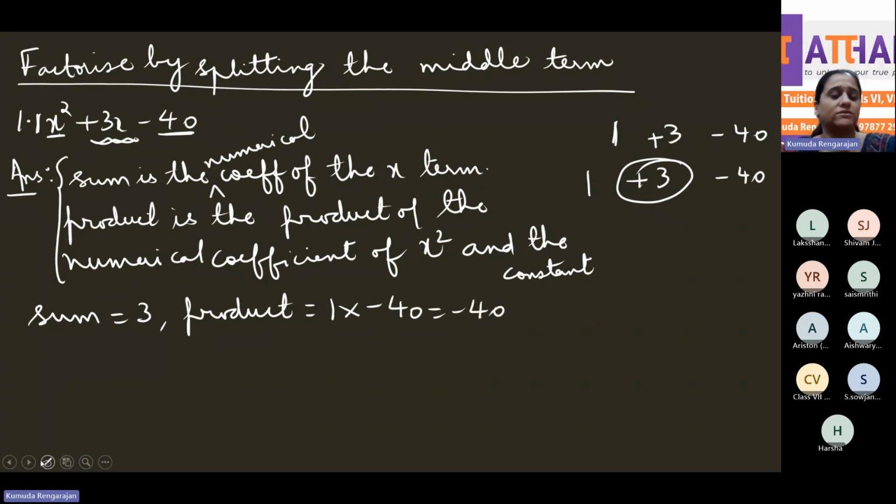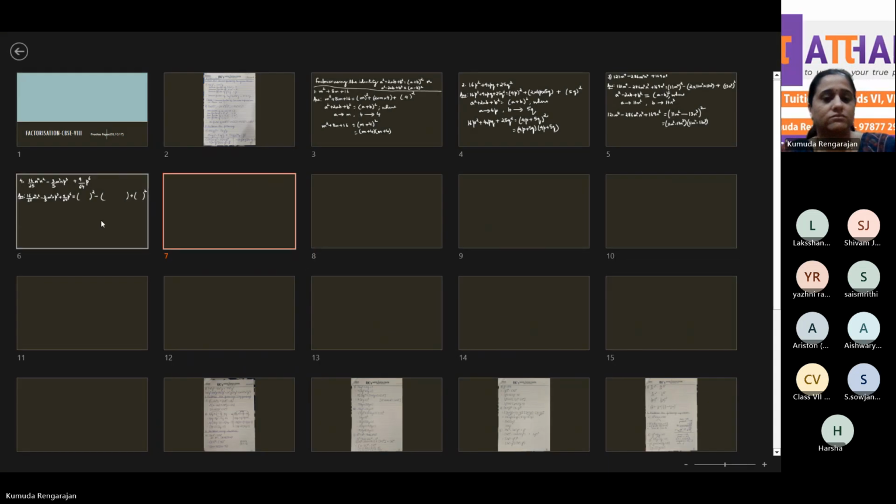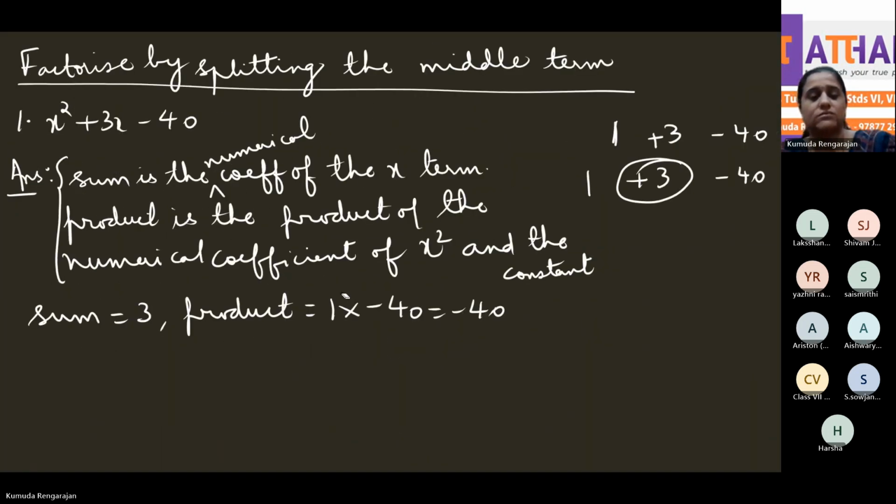This is the product. The question has three terms: x square term, x term, and the constant.